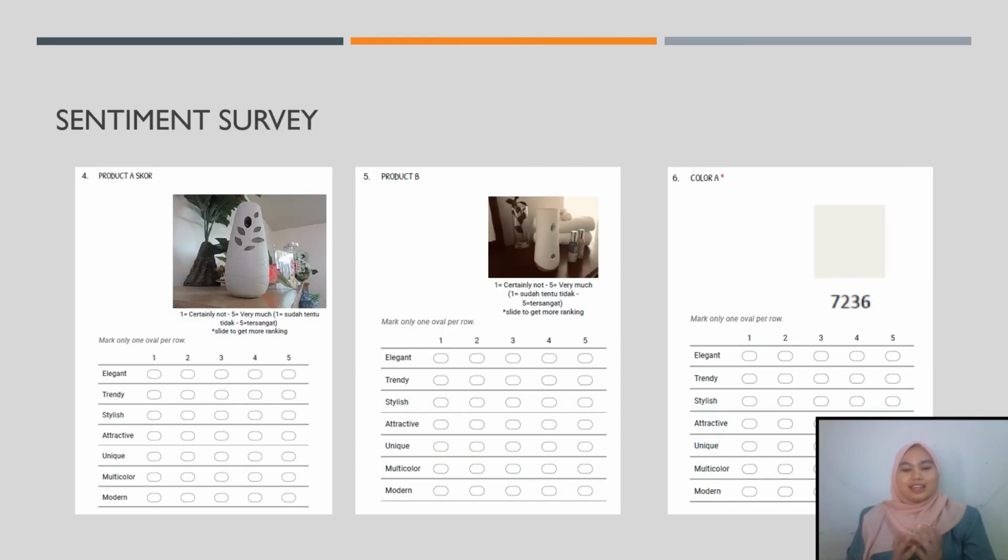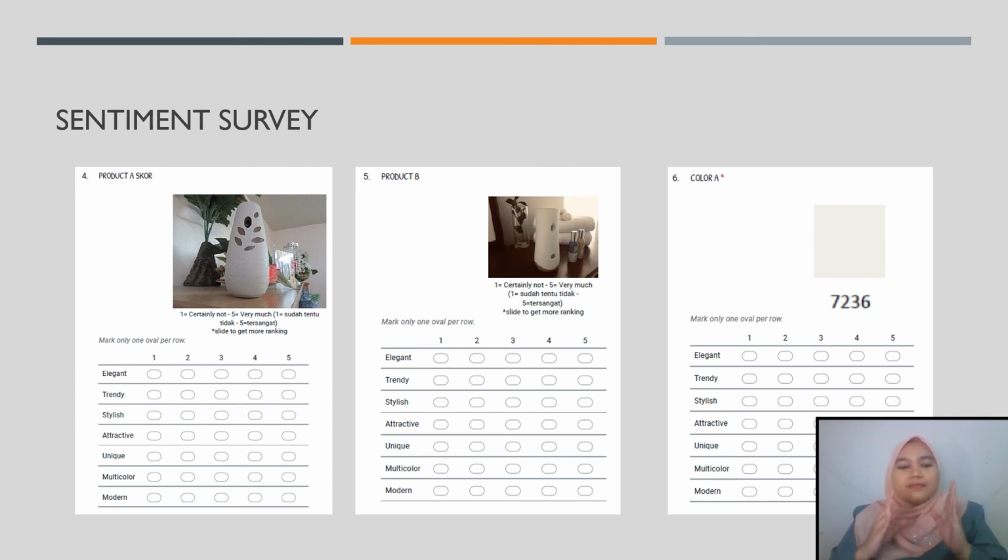This is an example of a draft for the sentiment survey. The products in the sentiment survey are selected by the highest score from the product selection survey.